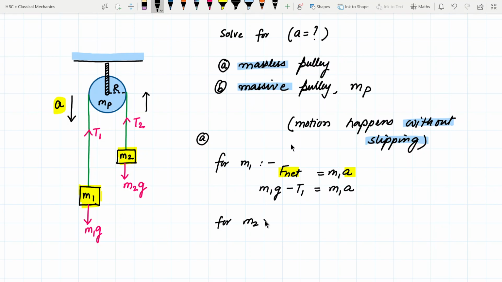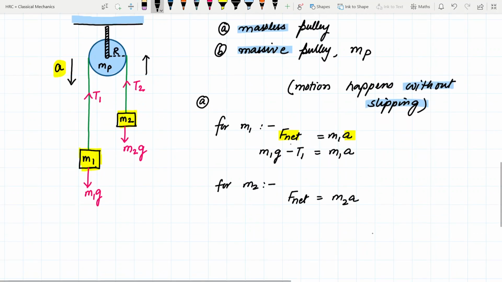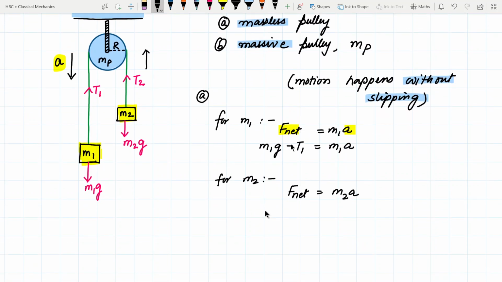And for mass M2, you will have again F net is equal to M2A. The accelerations of both are equal, as I said, because the string is inextensible. So this is going to be T2 minus M2G is equal to M2A. These two are valid equations, yes? This is 1 and this is 2. Right.